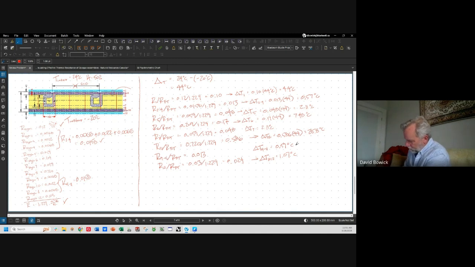Make sure they add up to 44. 4.4 plus 0.57 plus 2.11 plus 7.48 plus 2.11 plus 25.8 plus 0.57 plus 1.07 equals, sum of delta T equals 44.11 degrees Celsius. Okay. That's a rounding error.